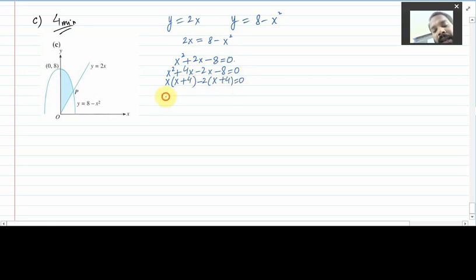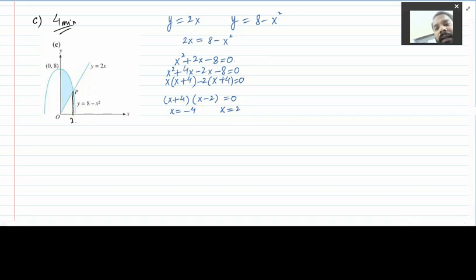Again taking common, (x plus 4)(x minus 2) equals 0. So the values I'm getting here are x equals negative 4 and x equals positive 2. Since we are dealing on the positive side, the x coordinate of P is 2.